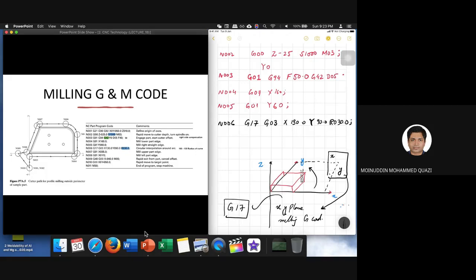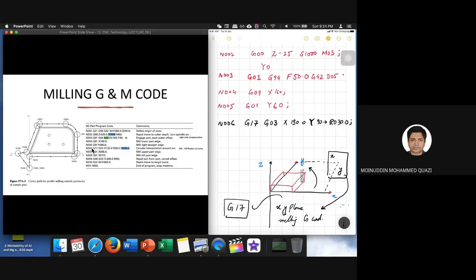This was the most important point that we need to consider. After this, we have to go to linear interpolation, then again linear interpolation back to the origin, and then move away from the center and come back again to the origin. That's how we solve the milling process safely. I will not finish the whole NC part program, but I will finish until here because this is what we need to understand.